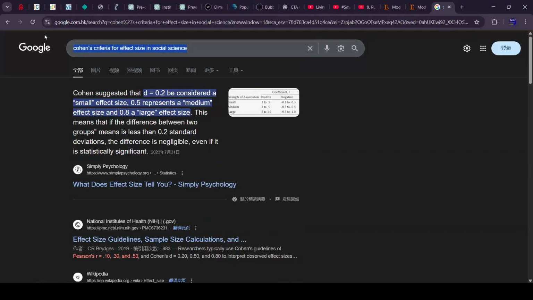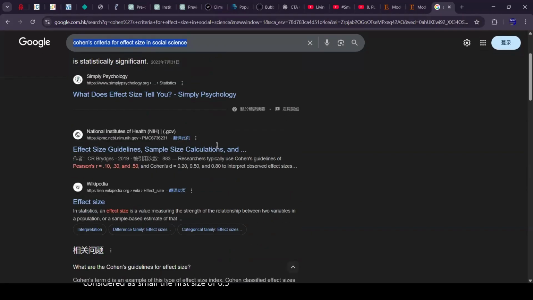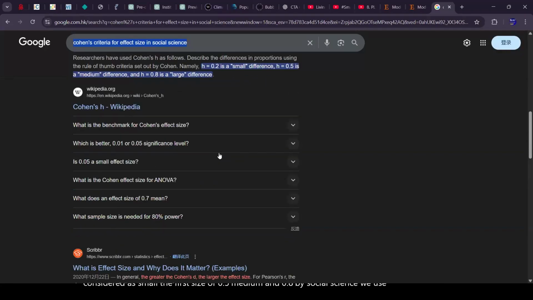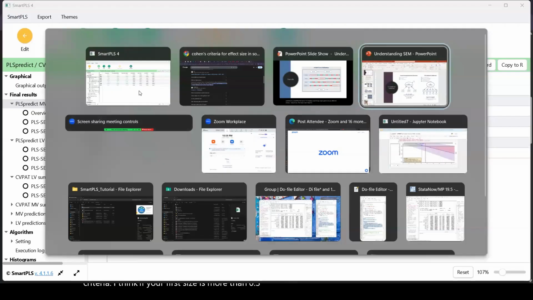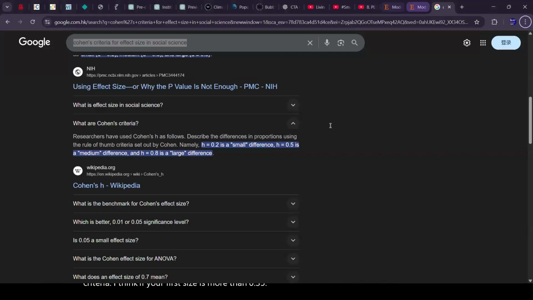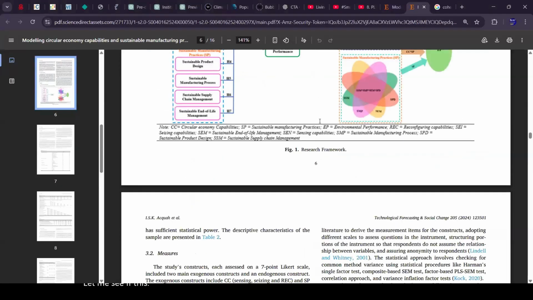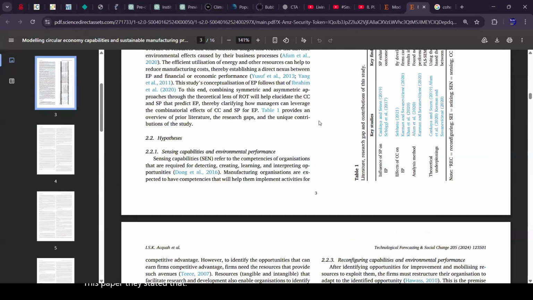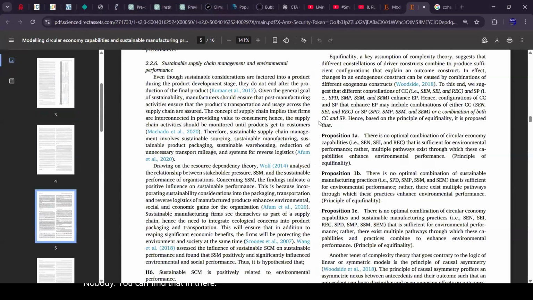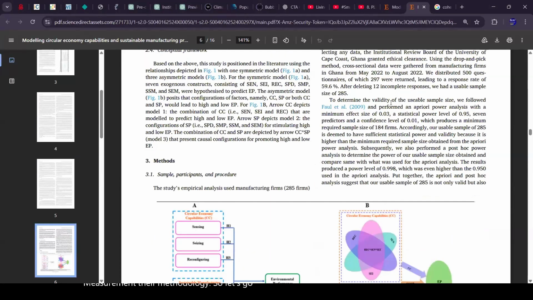This is from different contexts. He said Cohen suggests that d equal to 0.2 be considered as small, effect size of 0.5 medium, and then 0.8. But in social science, we use different criteria. I think if your effect size is more than 0.35, let me see if this paper stated that. Normally you can find that in the methodology. So let's go to the methodology and see if they discuss that.